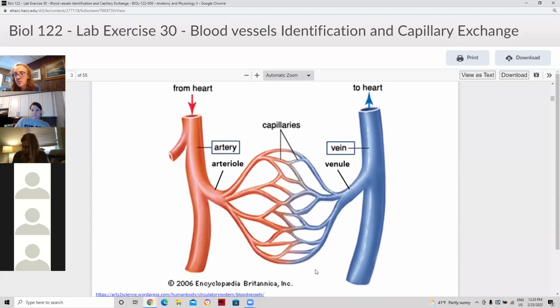So an overview: remember, arteries become arterioles. Arterioles become capillaries. Capillaries drain into venules. Venules drain into veins that then move back towards the heart.